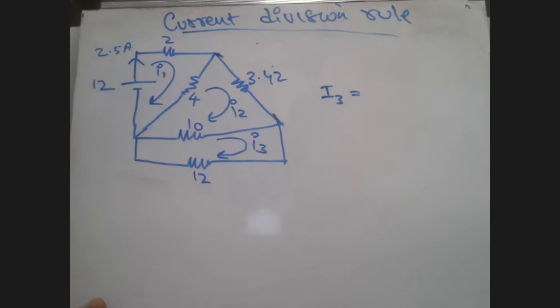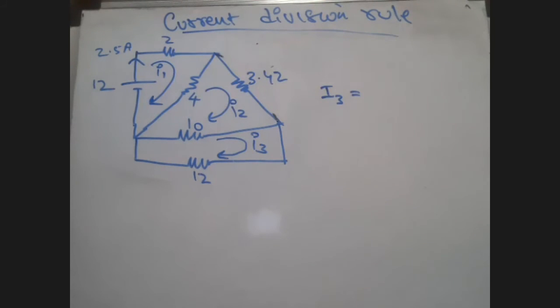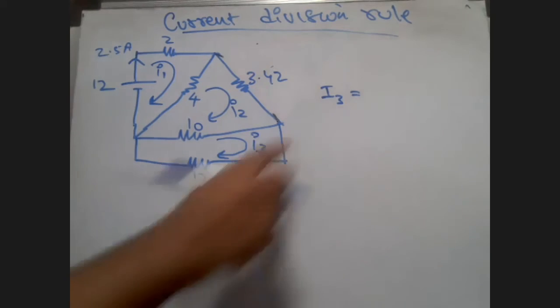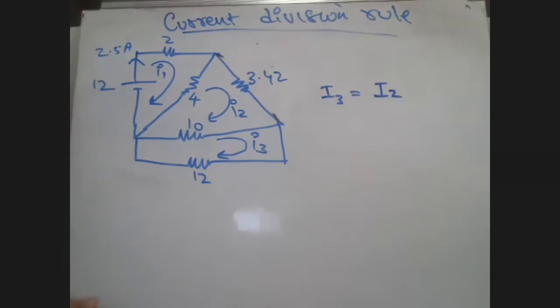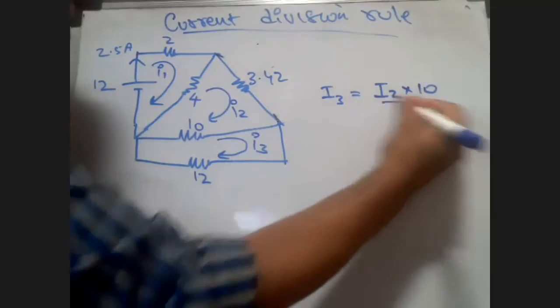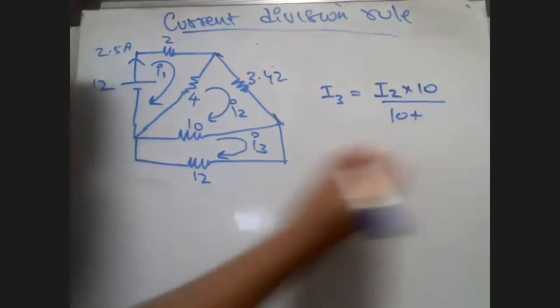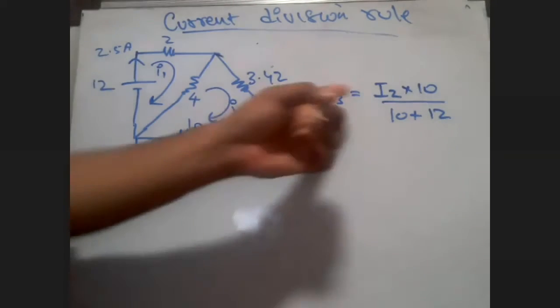Isn't it I2? Yes, so I2. Please respond. I3 will be equal to incoming current I2 into the opposite resistor of 12, that is 10, upon 10 plus 12.